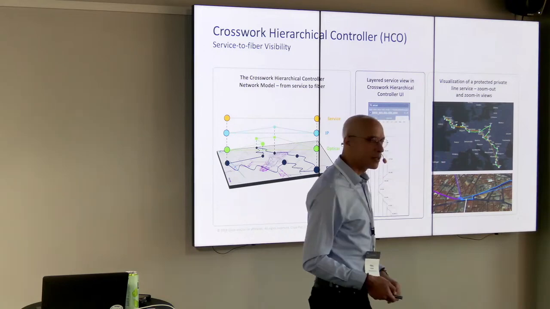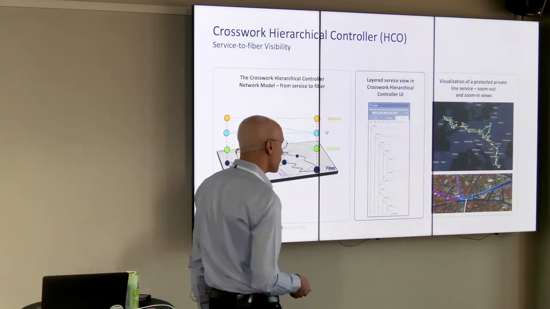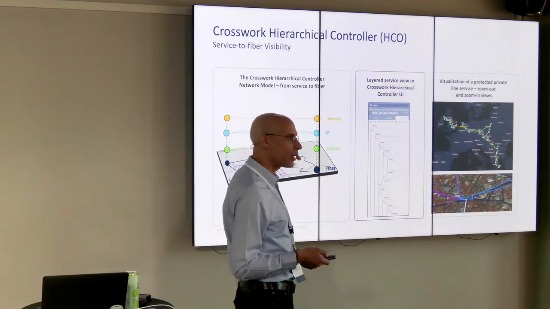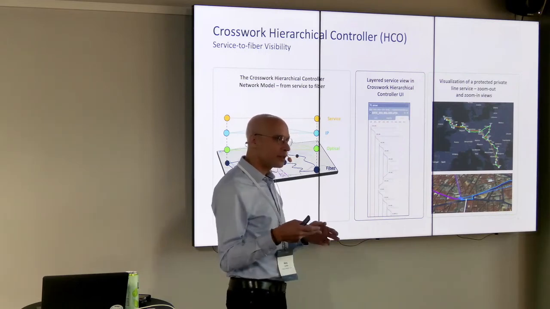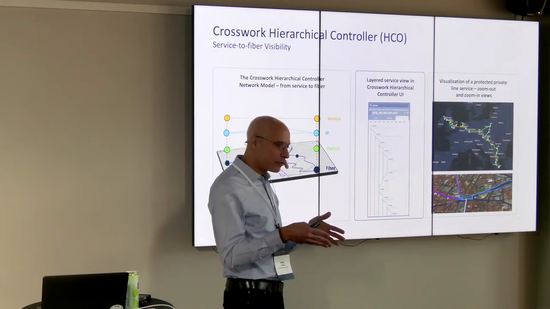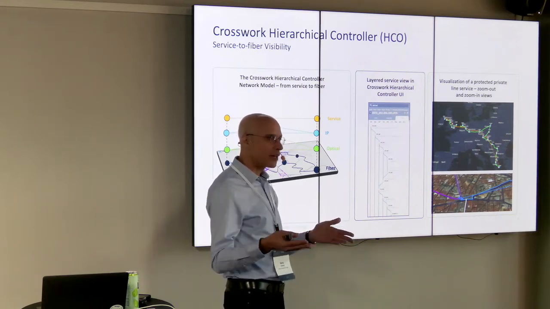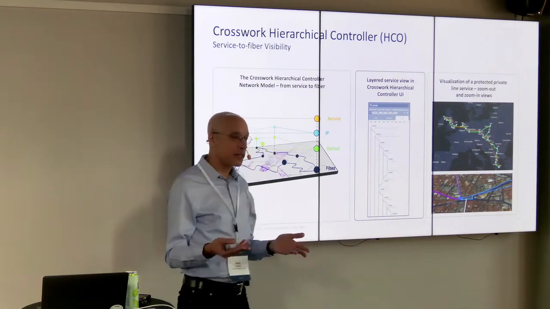So in many of the cases, and we have an interesting case which runs now by one of our customers, we discovered the fibers, and we also have an application to detect cases where there is a proximity, where two fibers are actually too close to each other, which means that if something happens in the area, you're actually risking two fibers in a single point as a single point of failure.